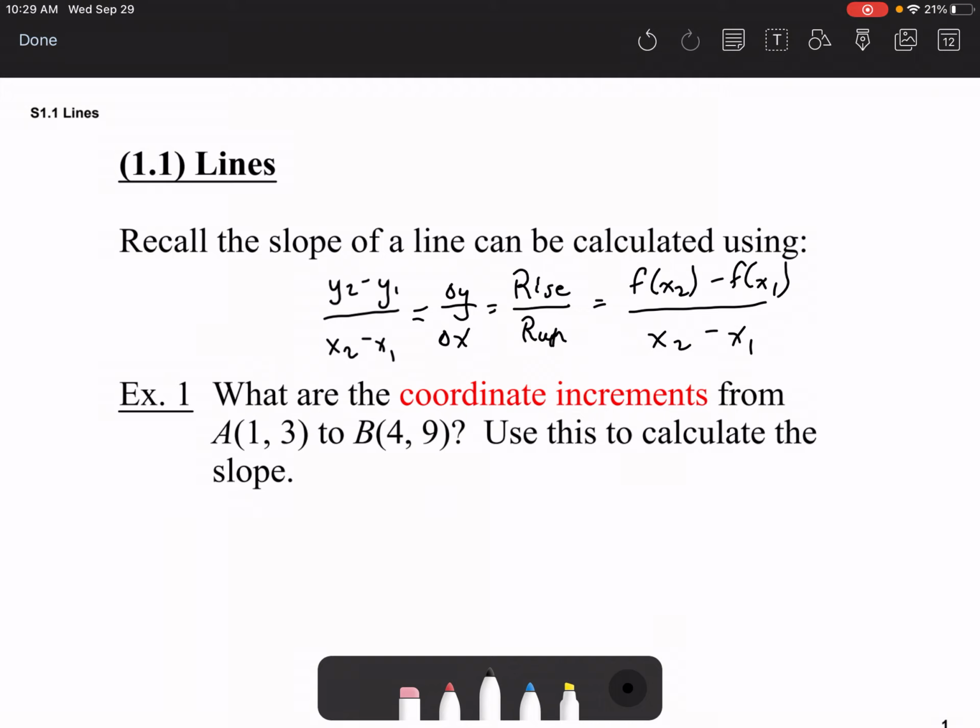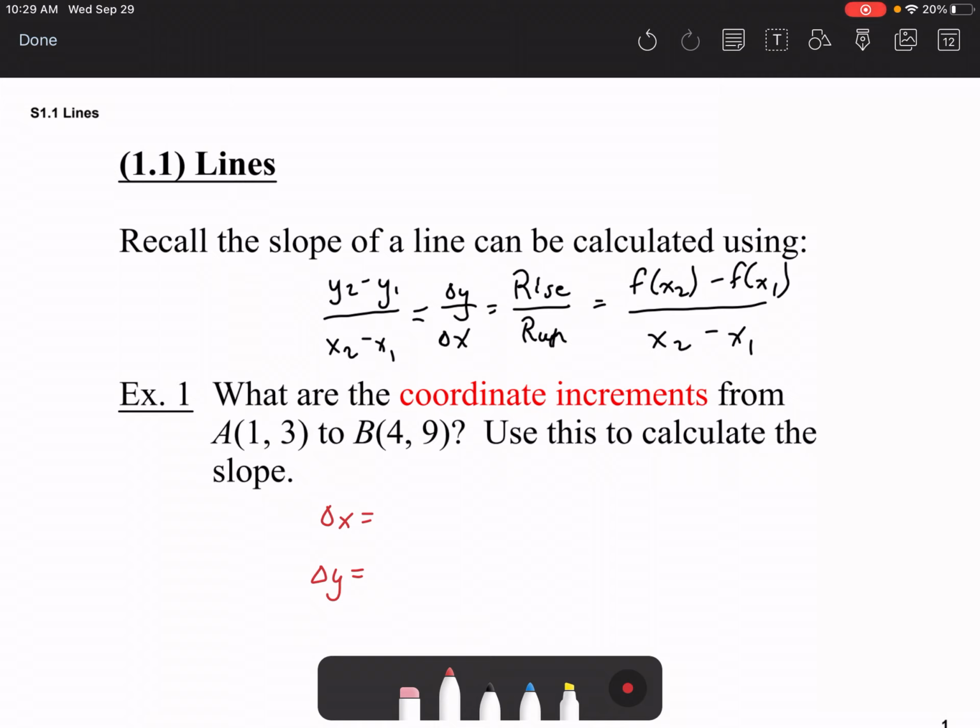So to actually calculate the coordinate increments from the point 1, 3 to the point 4, 9, we can use that to also calculate our slope. So the coordinate increments, in other words, are your values for change in x and change in y.